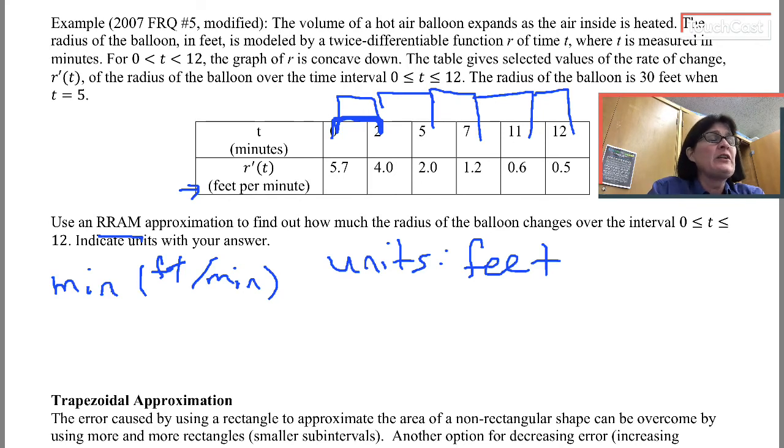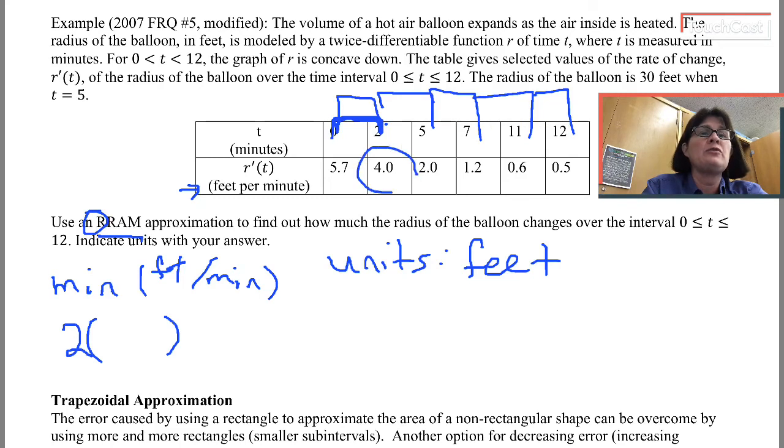So now I just have to figure out the width and height of the rectangles I'm going to use. My first rectangle covers time 0 to 2. So the width of that rectangle along the t-axis is going to be 2. The height of the rectangle is going to be the output value at the right-hand side of that interval. R for right-hand side. So from 0 to 2, the rightmost number in that interval is 2.